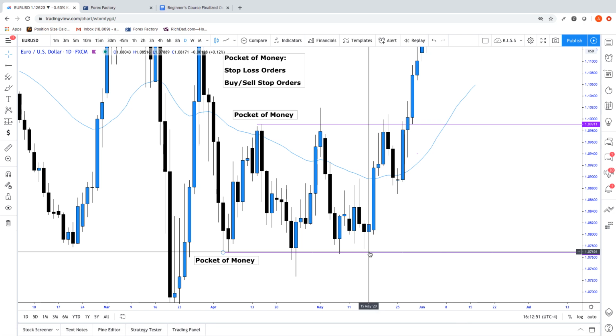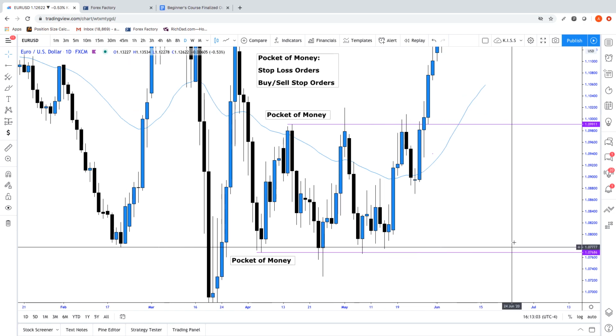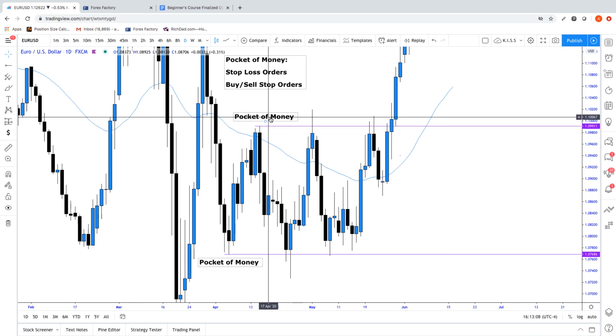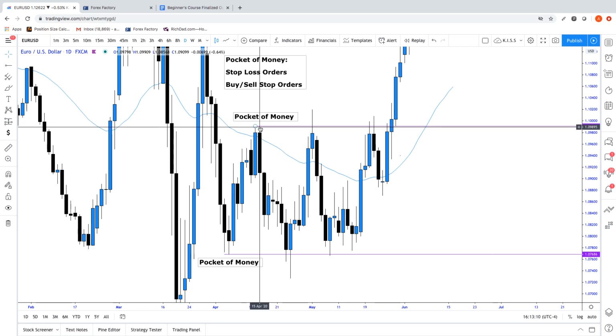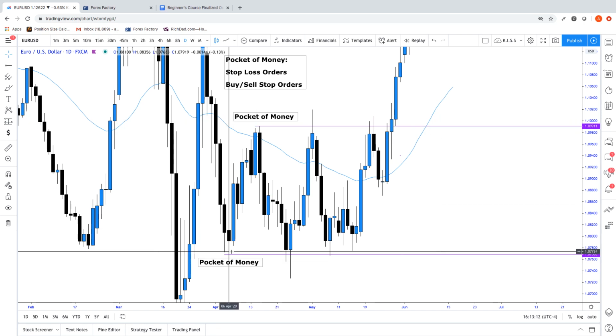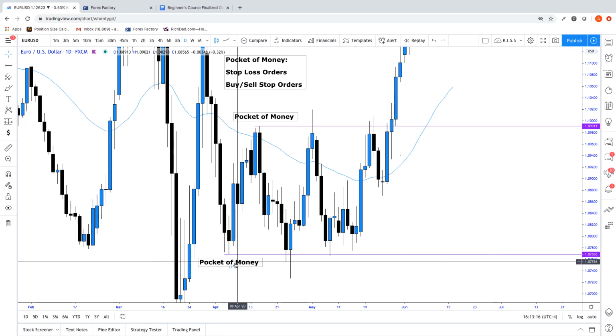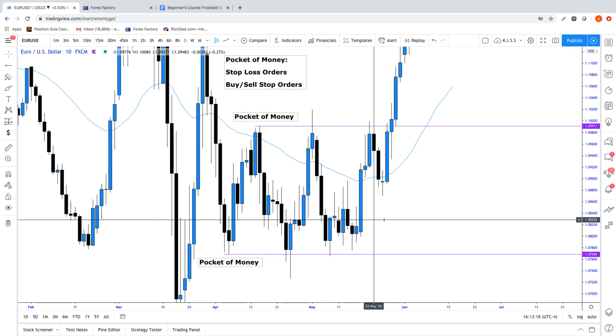I'm starting to get a little bit advanced here, and I want to keep it simple. But from a basic, fundamental standpoint, I really want you to understand the idea that there is a pocket of money above highs and below lows.